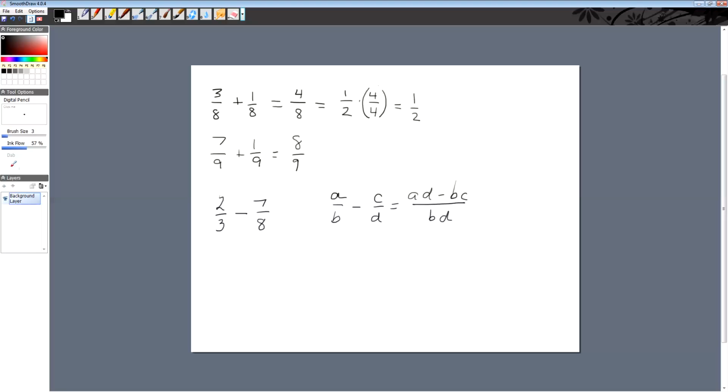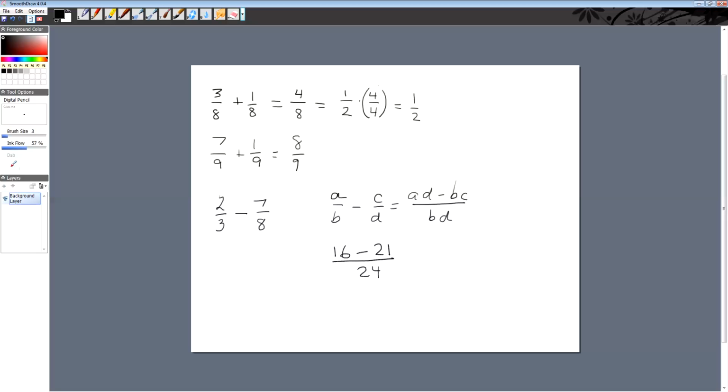So 2 times 8 is 16 minus 3 times 7. There's that kind of cross product thing, 3 times 7, 21, divided by 3 times 8, which is 24.